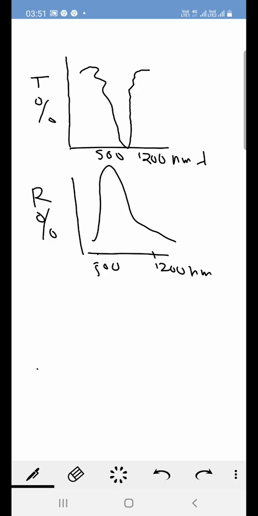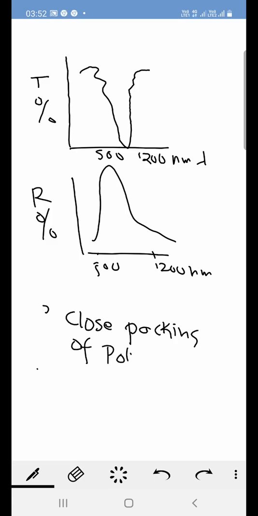Now these photonic crystals are produced by close packing of polystyrene spheres.